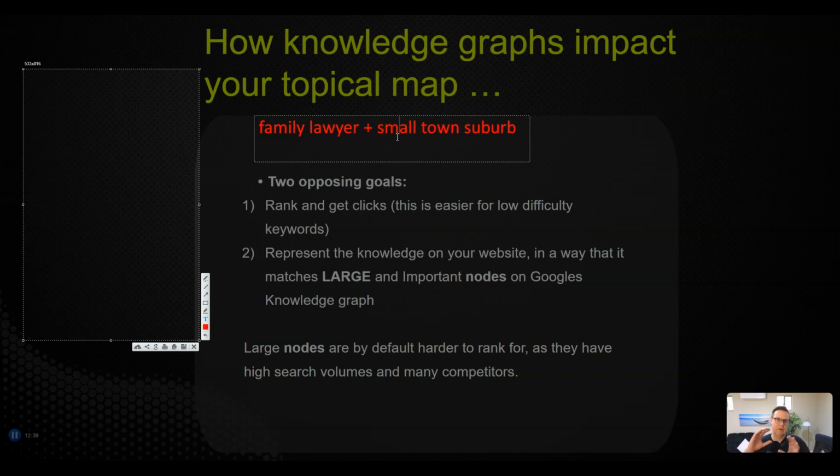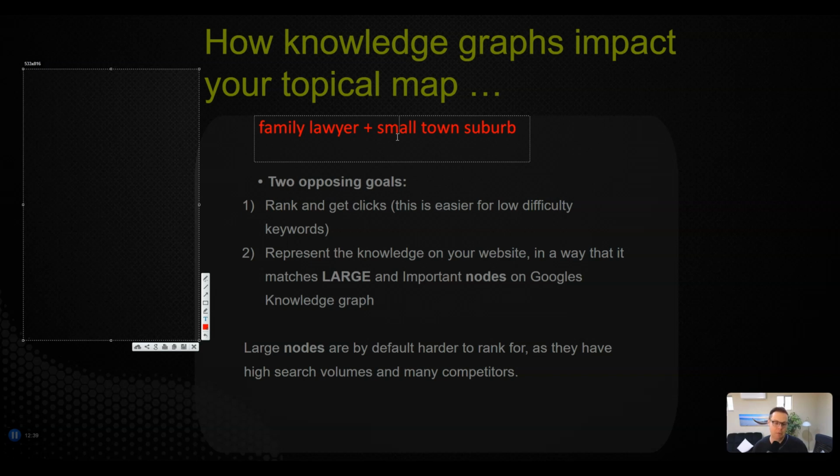And that's where I suppose the conflict lies, that you need to pick the keywords that have the right difficulty as well, because it's also incorrect to choose keywords where you have no chance of ranking, because the average rank of a website is also an important factor, meaning if all of the pages that you've created only rank on page 90 or on position 90, then you'll never actually get clicks to your website, and Google can never validate that your website is a good resource and that it helps users.